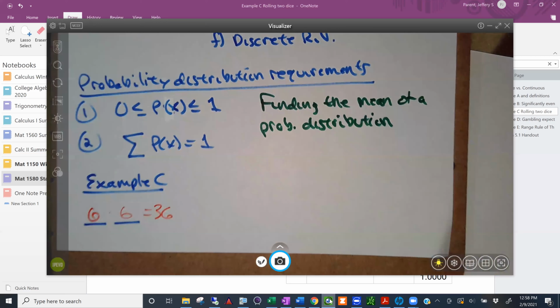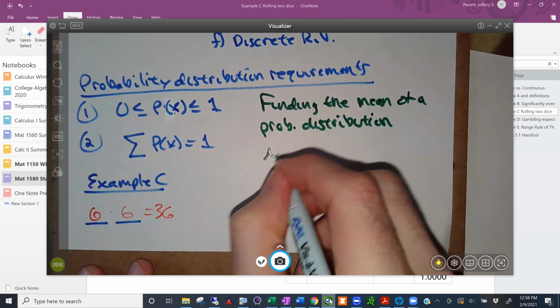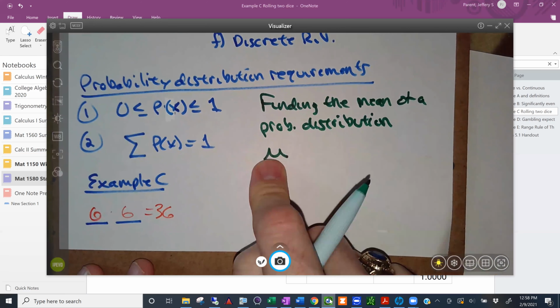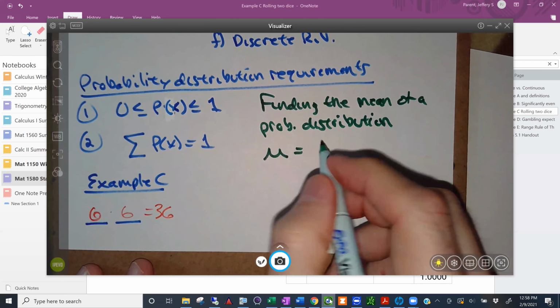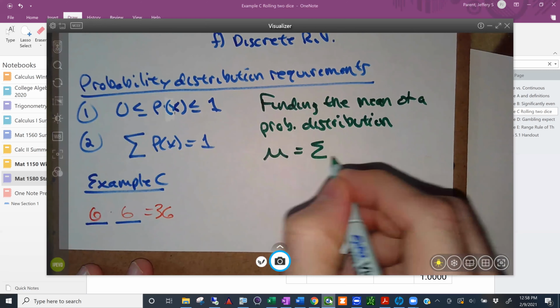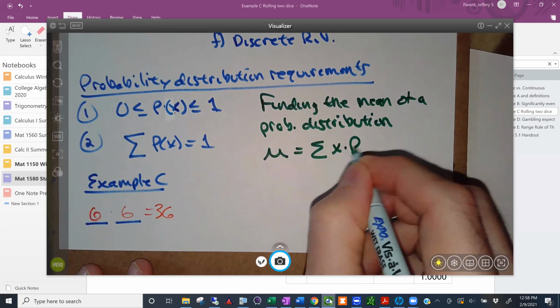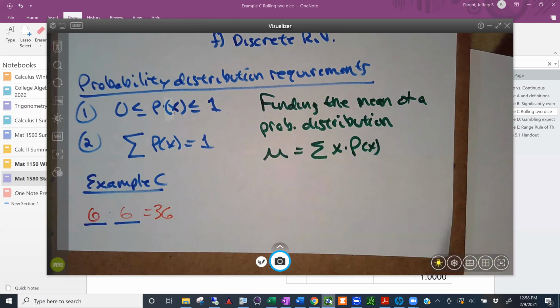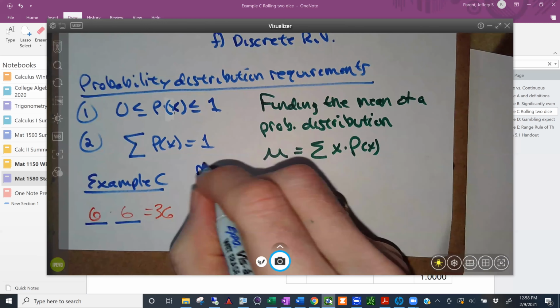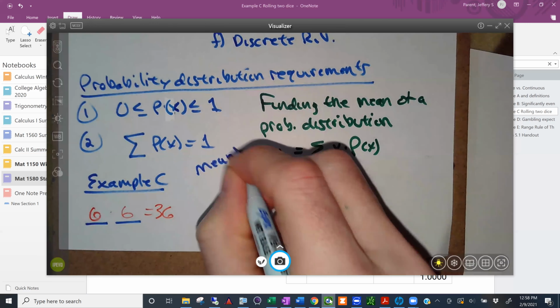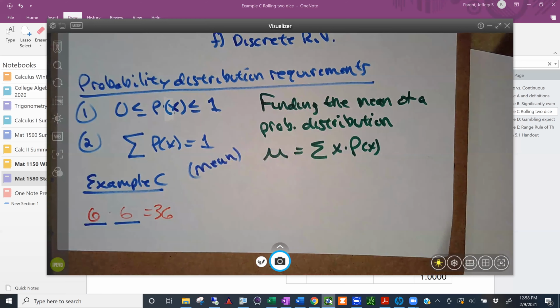Now, this is going to be different than finding the mean of a set of data. I'm going to use mu here, reflecting a population, equals the sum of x times p of x. That's how you're going to calculate the mean of a distribution. It goes by a couple different names. For right now, I'll call it the mean. But in a little bit, I'll introduce a new term for that as well.